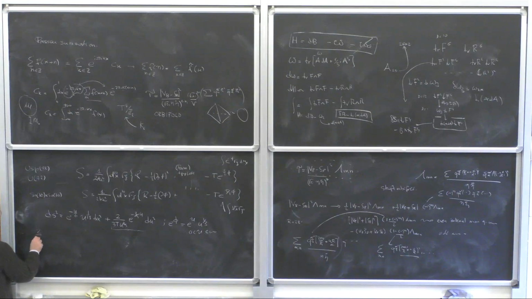So square root of 2 over 3t, integral e to the minus 3/4 u du over u to the 3/4. That's the length of the interval, right? Because the fact that u goes from 0 to infinity doesn't tell you the length is infinite. You have to use the metric to see what's happening. And now you find two interesting facts.